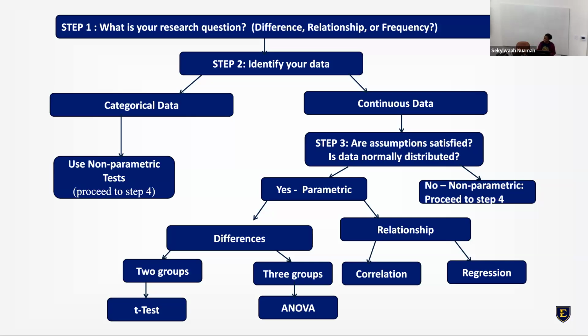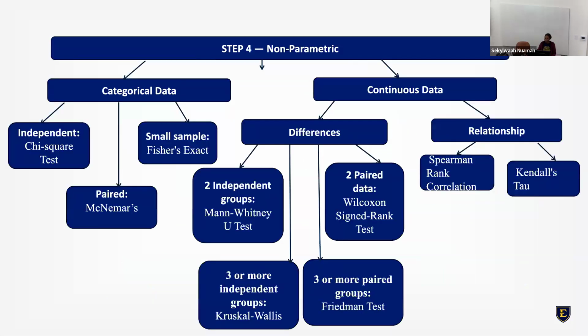But let's say the data is not parametric, then we move forward to what? The non-parametric. With the non-parametric, you also ask yourself, is it categorical or continuous? If it's categorical, we have these types that we are supposed to go in for.